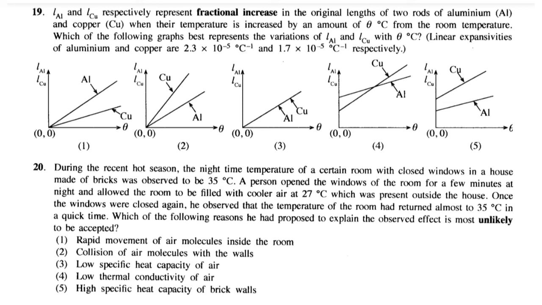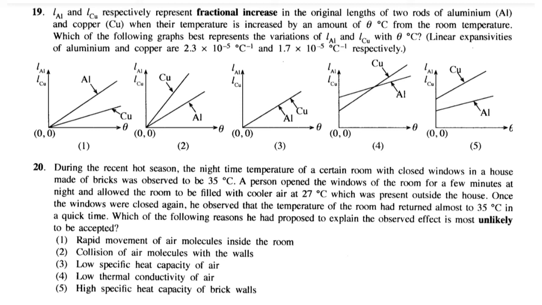First one, rapid movement of air molecules inside the room. Now the air molecules will absorb heat from the bricks and they move faster. They start moving faster inside the room, raising the temperature inside the room. So the first answer is acceptable. Second one, collision of air molecules with the walls.